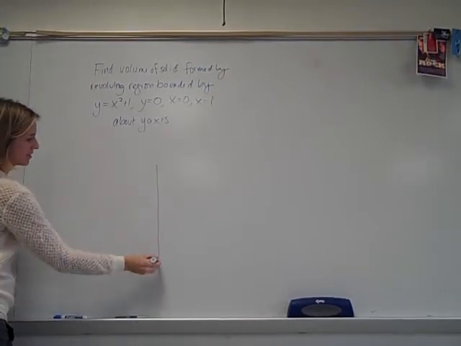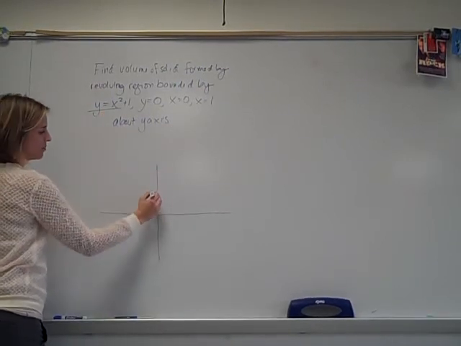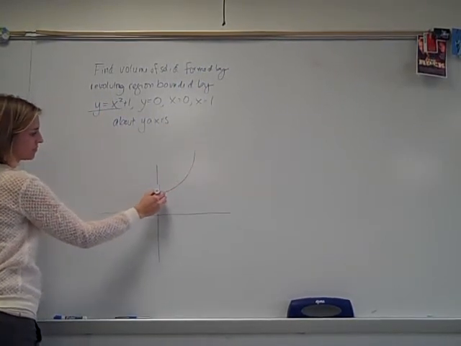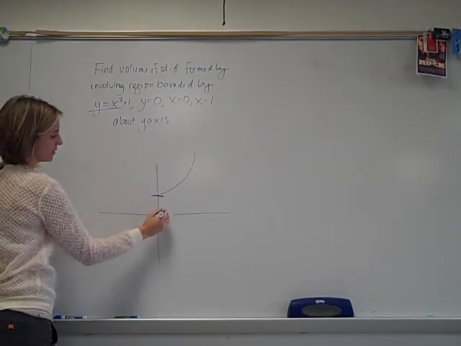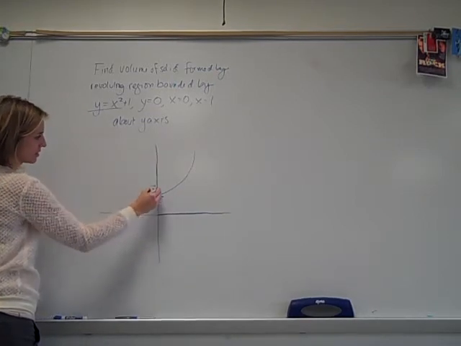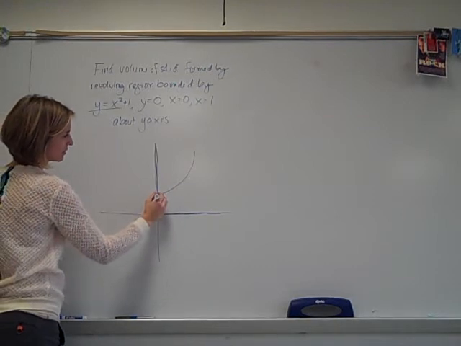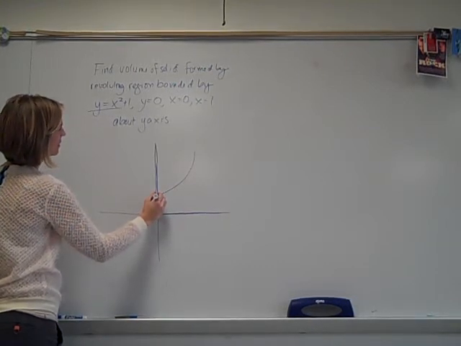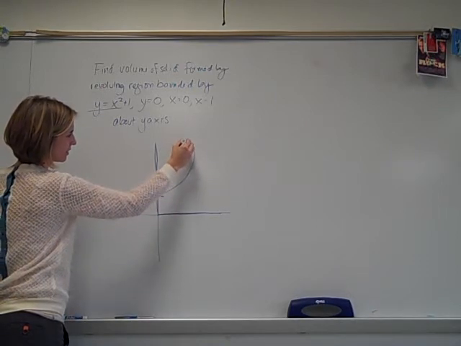Try to sketch this. It's a parabola, it's up 1. It's a terrible drawing. y equals 0 is this, x equals 0 is this, x equals 1. Oh my gosh, it was 1.